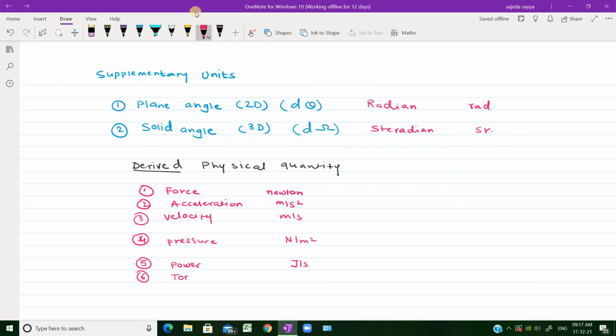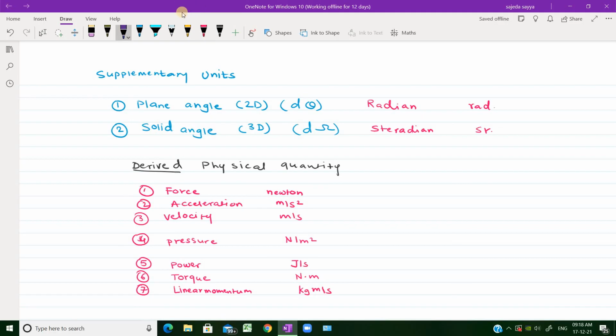Torque, it is force into perpendicular distance, so it is Newton into meter. Linear momentum, it is the product of mass into velocity, therefore it is kg meter per second.